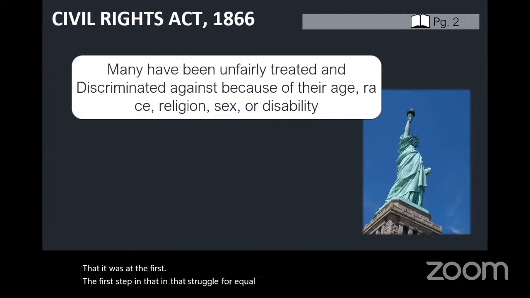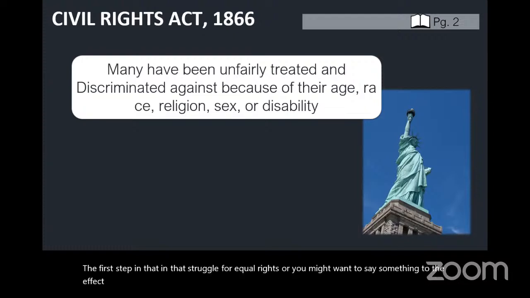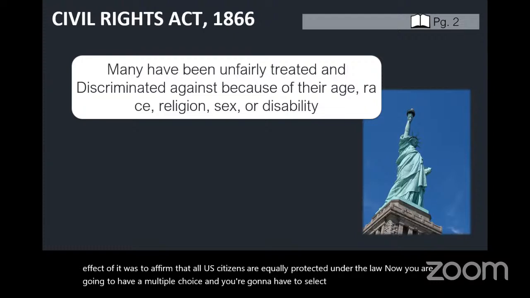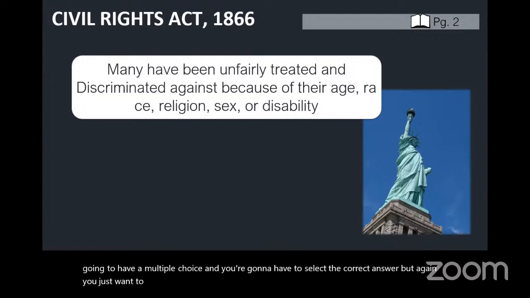Or you might want to say something to the effect of it was to affirm that all U.S. citizens are equally protected under the law. You'll have multiple choice and have to select the correct answer, but be mindful that your exam likes to call out specific dates with factual information tied to them.